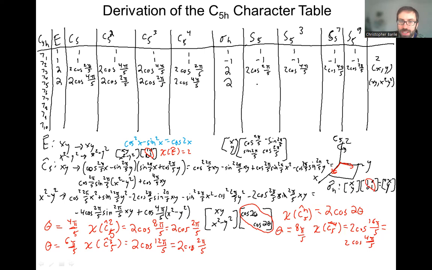And now what about the S5s and S5 3s and S5 7 and S5 9s, the improper rotations? Remember, those are just C5s followed by sigma h. Well, sigma h didn't do anything. So those are just going to be copied across the board. They're the same characters as what we derived before. So that's going to be 2 cosine 4 pi over 5 for C5.